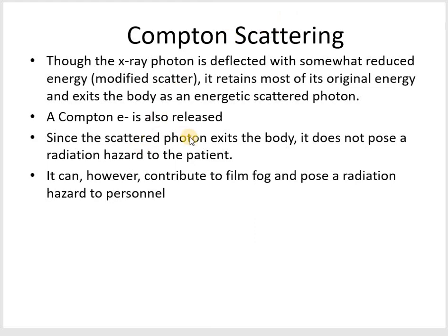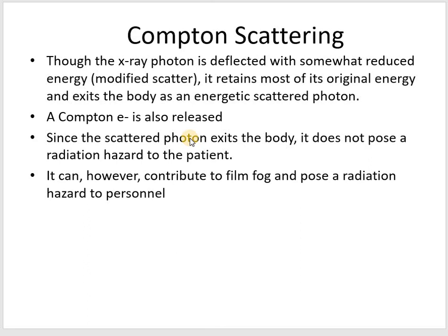Since the scattered photon can exit the body, it does not affect the patient that much unless it is backscattered back to the patient, but it is a bigger contribution to the hazard to personnel, to the staff, and also, what is more important in radiography, the scattered photon will reduce the quality of the image if it is absorbed by your film screen, your CR plate, by your digital detector, and so on.